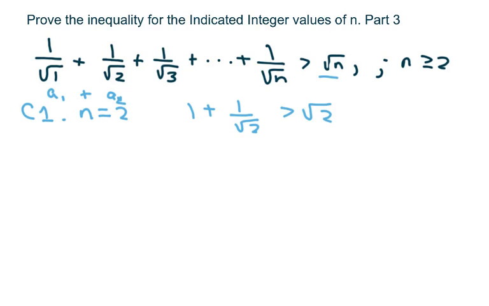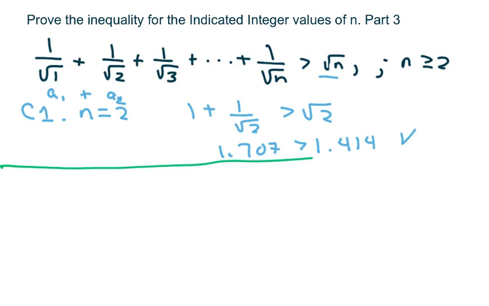When you do this, this is approximately 1.707, and the square root of 2 is approximately 1.414. So it holds true for condition 1 when n is 2.